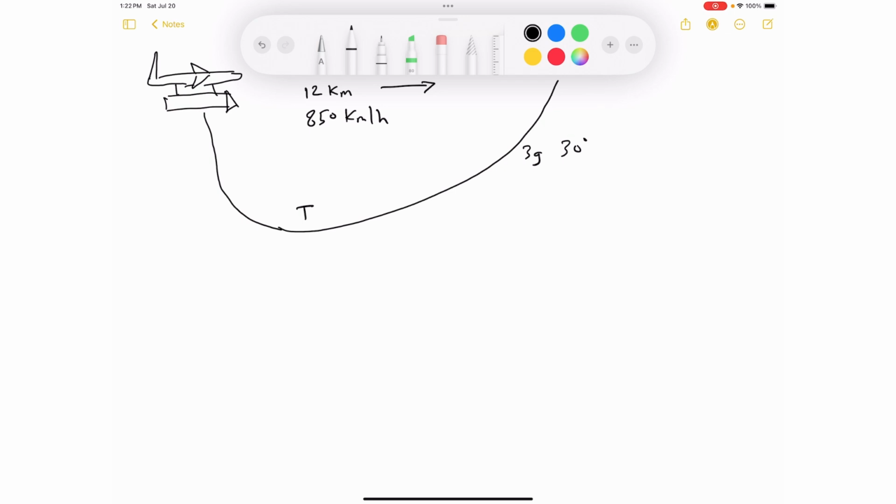So the airplane needs to be behind it 1,000 meters while it's going up. As it's coming up here, it needs to be 1,000 meters in front of the airplane.